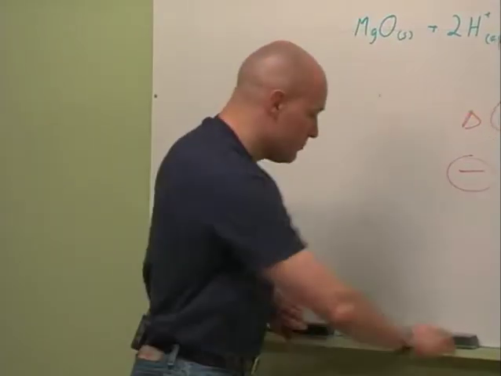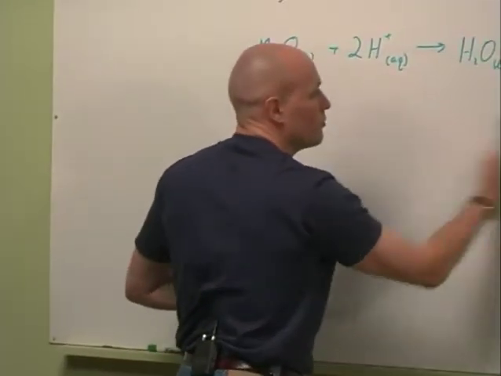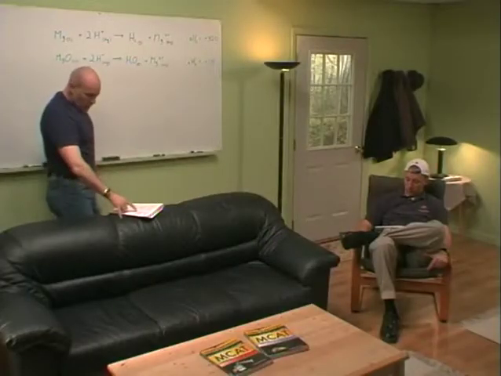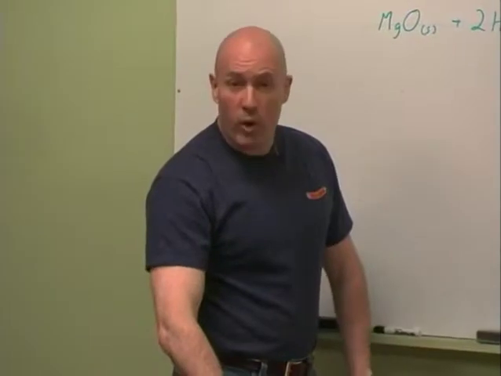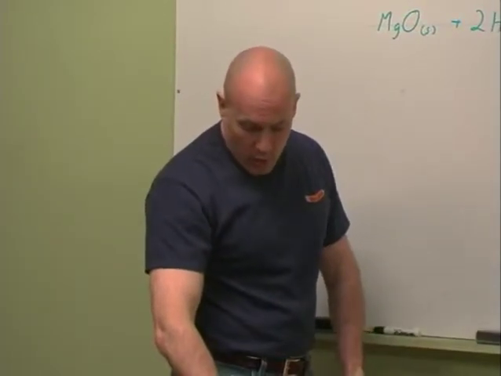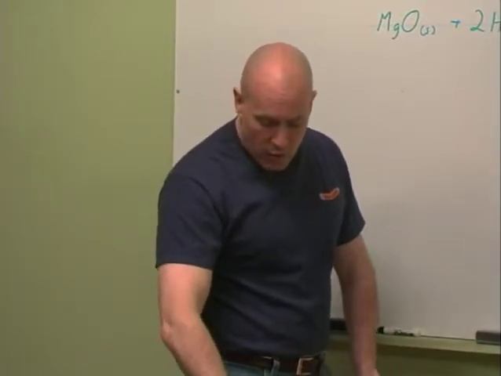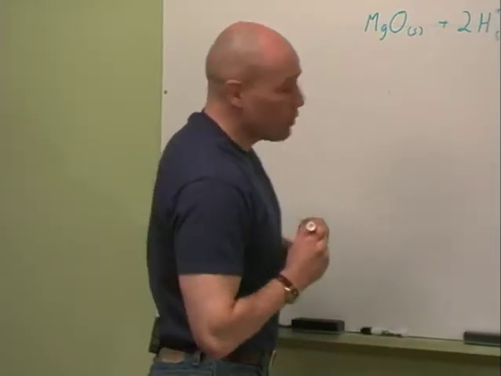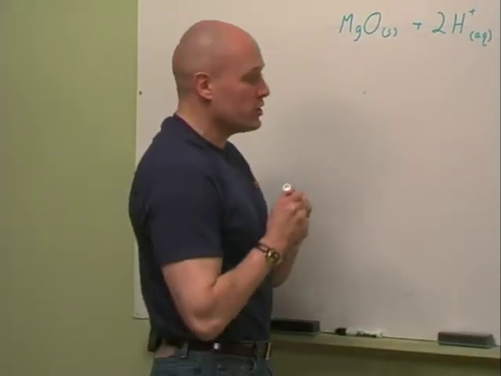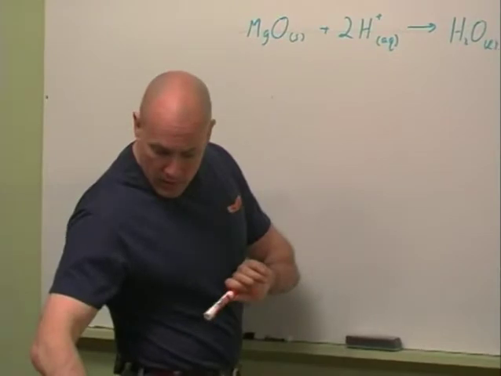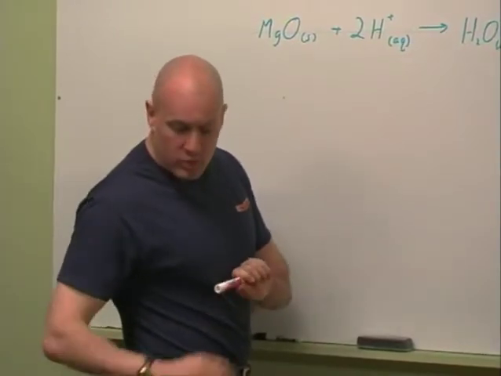Question 48. Given that delta Hf for H+ aqueous is 0, what is the delta Hf of Mg2+? Okay, again, we're going to do the same thing we did in question 46. We want the delta Hf of Mg2+.